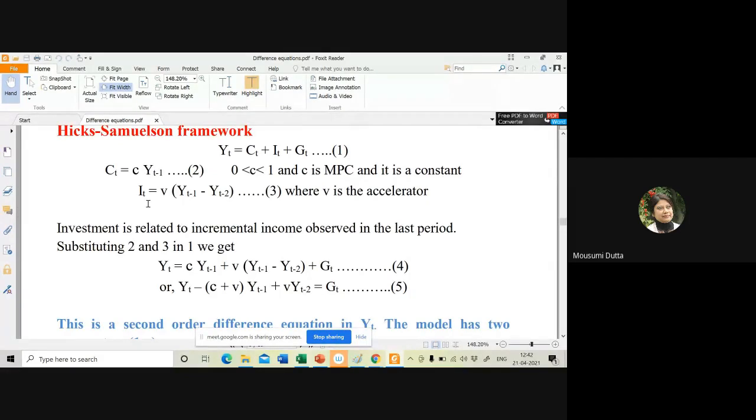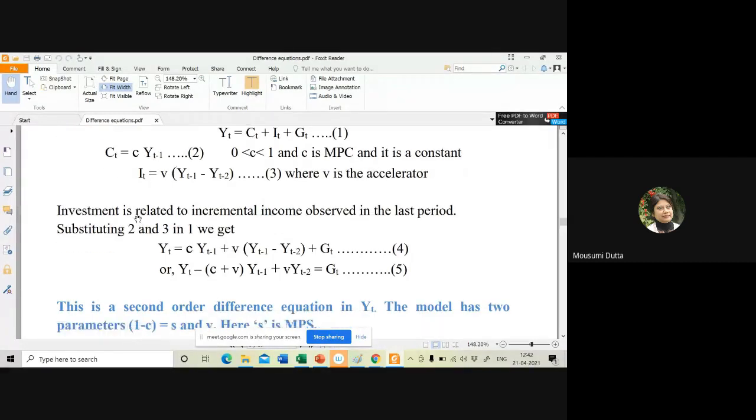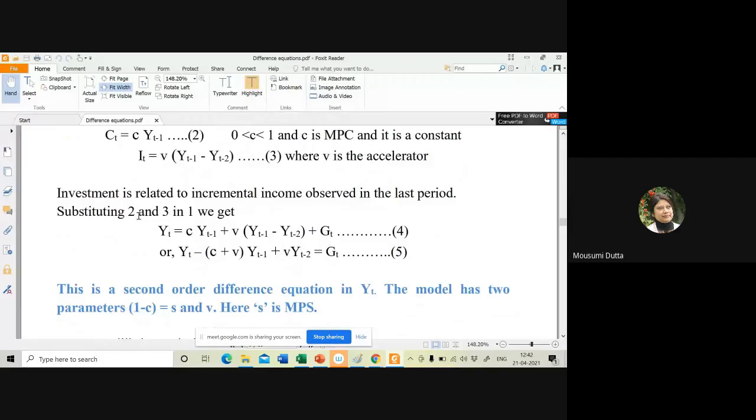This is a second order difference equation in Y_t.